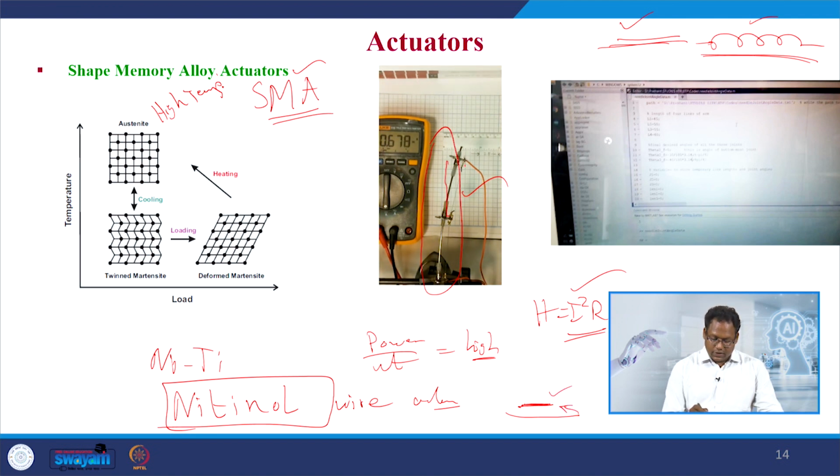That is why the length is getting contracted and hence the needle bends, and upon cooling it goes back to its martensite phase.